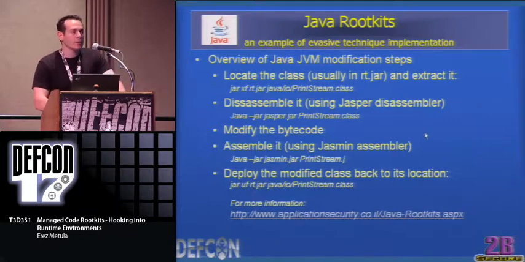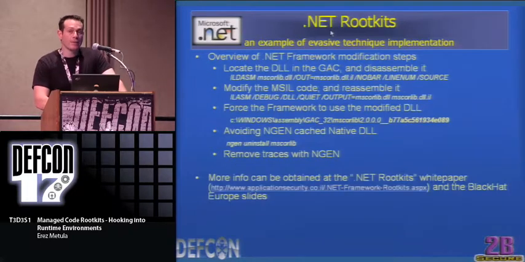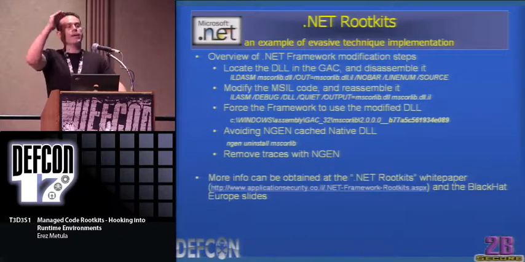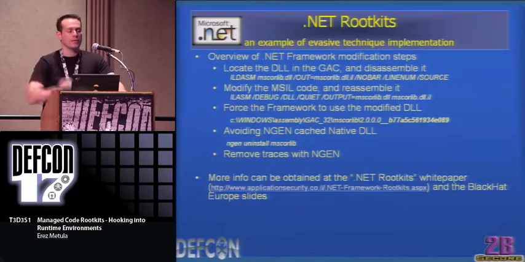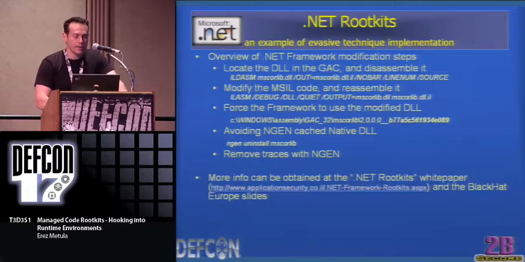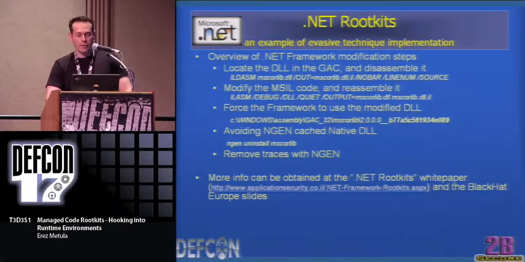the GAC, this is where the DLLs are stored. This is in C:\Windows\Assembly\GAC_32. Here you have a directory for each assembly. So, for example, mscorlib, which is one of the most important DLLs, can have many versions. Each version has its own directory that says what the version of the DLL is. So here you see the .NET 2.0 DLL for mscorlib, and this is the signature of it.